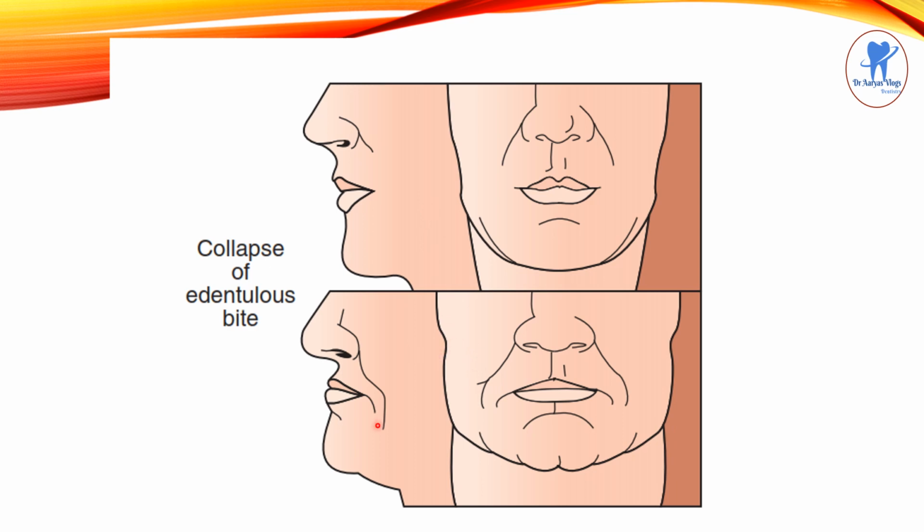The loss of vertical dimension results in many changes: collapse of the edentulous bite, a closed bite, the mandible rotates forward, a receding maxilla, a reverse smile line, increased number and depth of the lines in the face, a more acute angle between the nose and face, loss of vermilion border in the lips, and a prominent chin from loss of muscle attachment. So these are the changes observed after a patient wears a denture for 15 years.